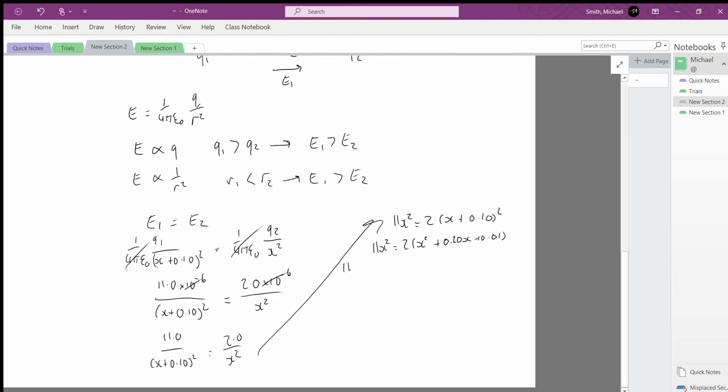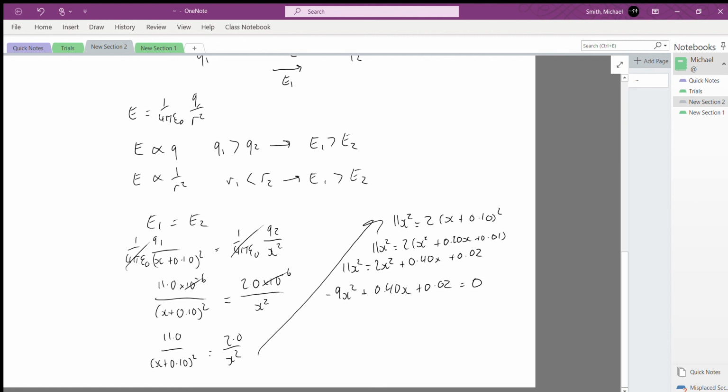So we have 11 x squared equals 2x squared plus 0.4 x plus 0.02. So now we can subtract 11 x squared from both sides. So we have minus 9 x squared plus 0.4 x plus 0.02 equals 0. And now we just have a simple quadratic to work out.